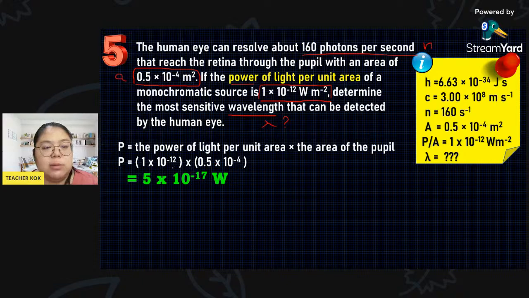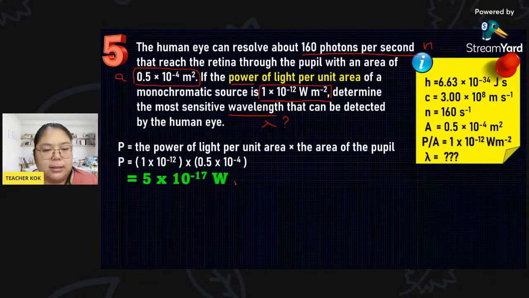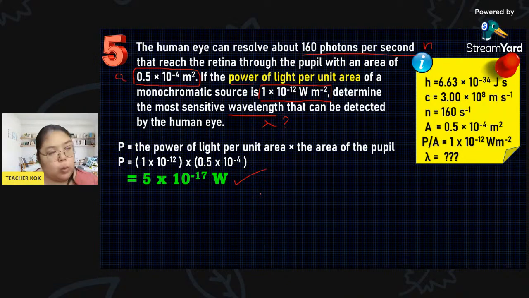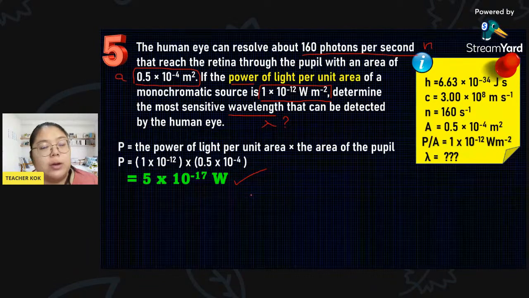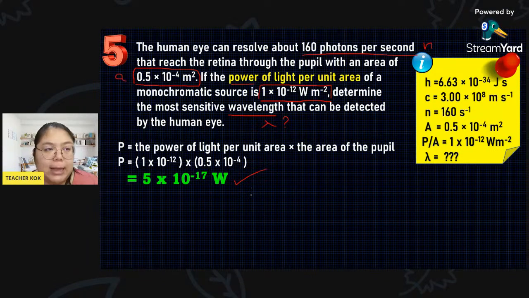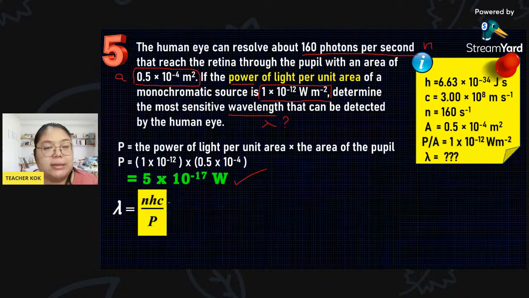As I multiply the area, I get the normal power, 5 times 10 power -17. If I get the power, that means it's easy already. I can get the lambda by using the formula: lambda equals NHC over P.